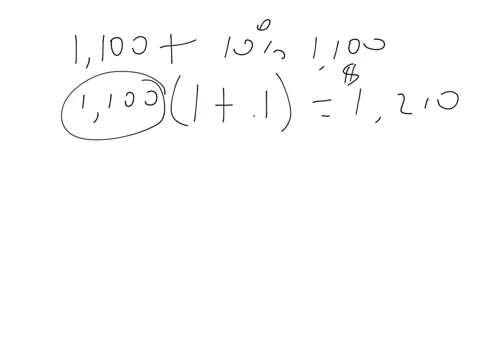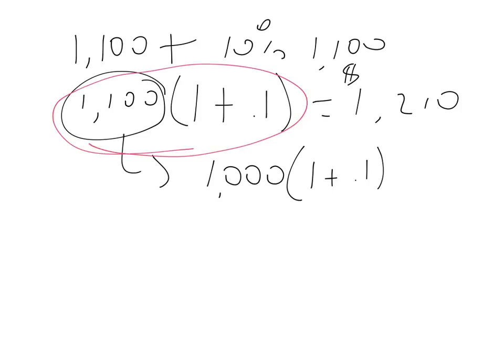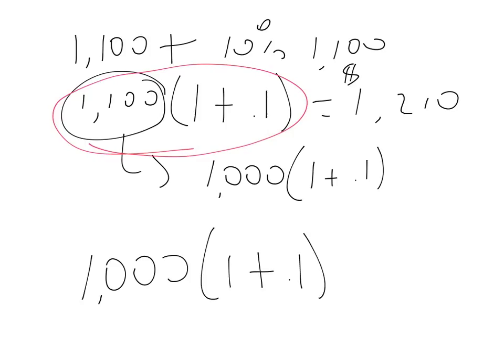But remember, this 1,100 was the original principal, the $1,000 we put in the bank, multiplied by 1 plus the interest rate. So if we were to rewrite this expression, it's $1,000 multiplied by 1 plus the interest rate, squared.